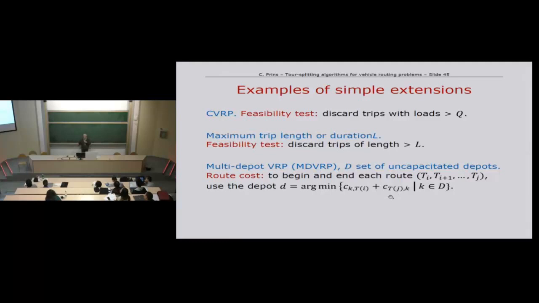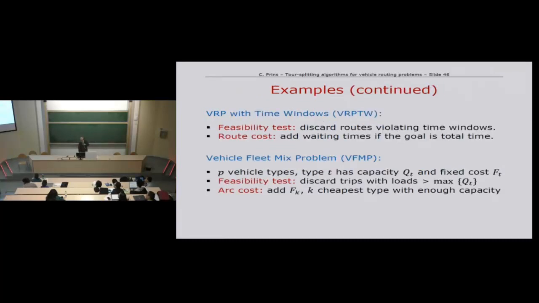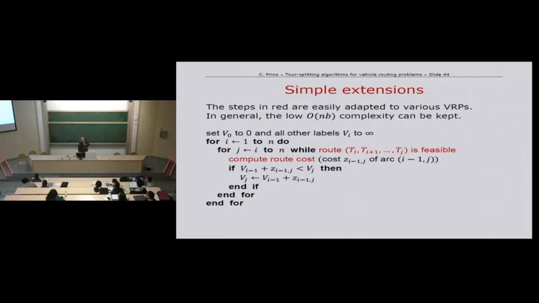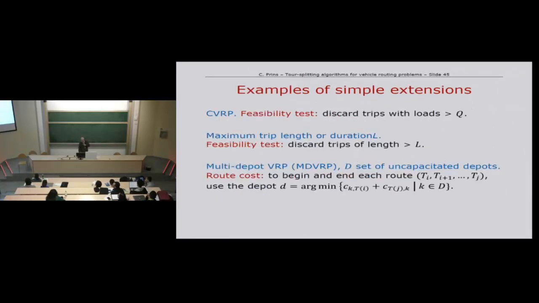You will say it increases the complexity because I'm obliged to make a loop to compute depot D. No, in fact, the values of D can be pre-computed in a matrix at the beginning. You can build a matrix subscripted by i and j, in which Dij is the best depot to be used for a subsequence beginning at index i and ending at index j. You compute that only once at the beginning. And here we have the two red steps which are affected.